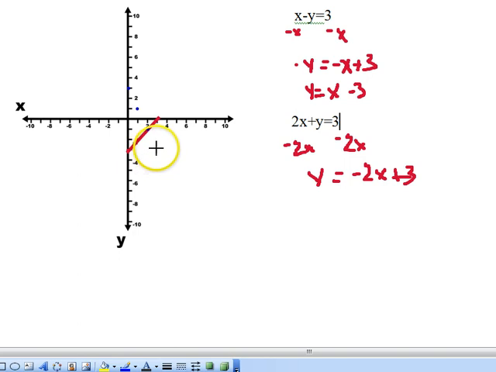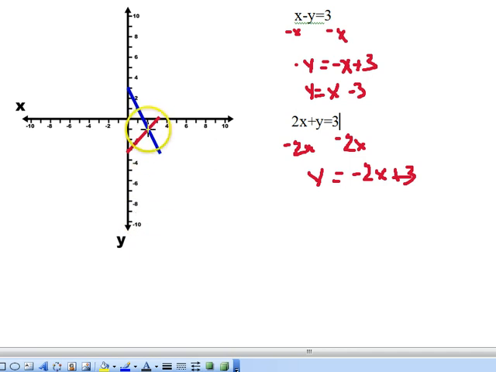Down 2 and over 1. So about right there. I'm going to go ahead and draw my line. Okay, and so you can see that these intersect at the point 2, negative 1.